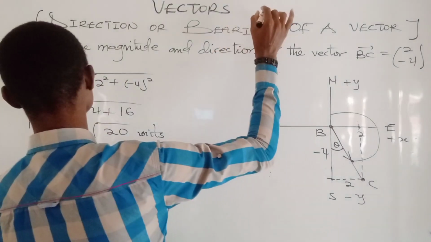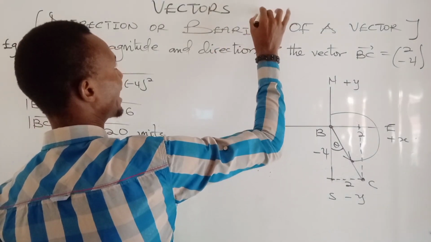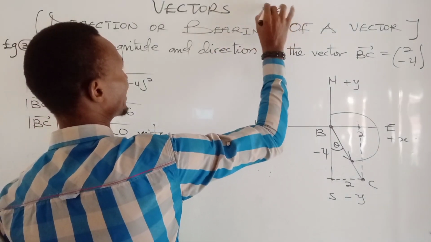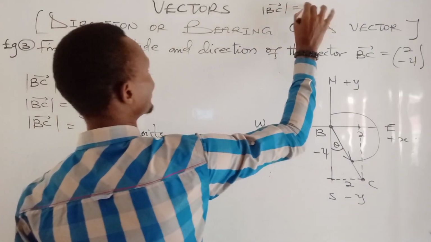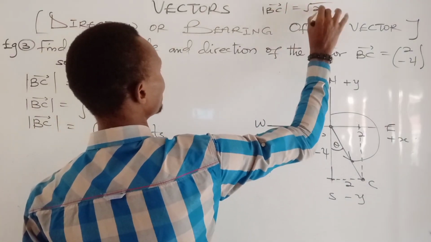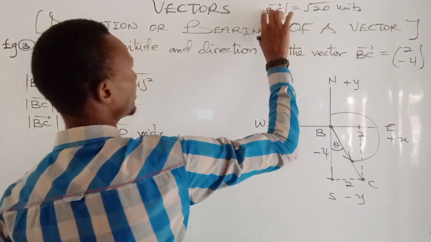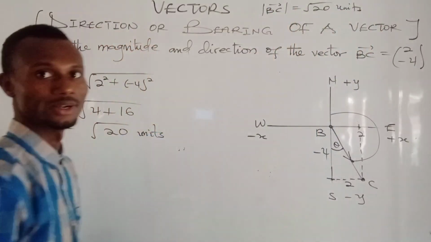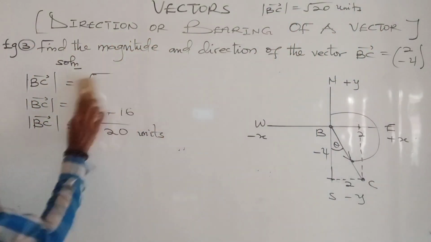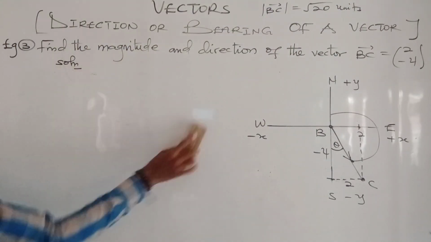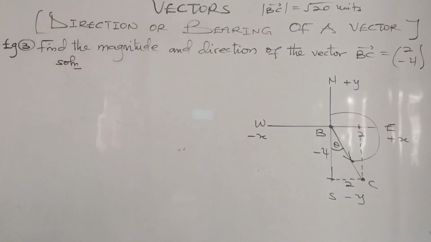My magnitude of the vector BC, we solved for it and we got square root of 20 units. Good. So I can clean this now so that we can proceed and solve for the angle theta.